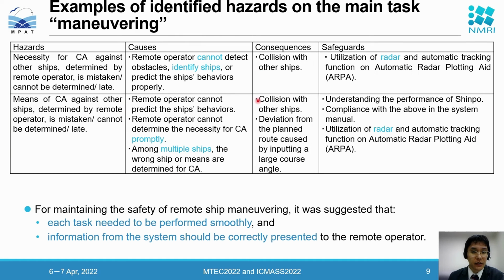Most of the hazards were caused by mistakes in handling previous tasks, incompletion of the previous tasks, and the lack of necessary information needed to perform the task. For maintaining the safety of the remote ship maneuvering, it was suggested that each task needs to be performed smoothly, and information from systems should be correctly presented to the remote operator.